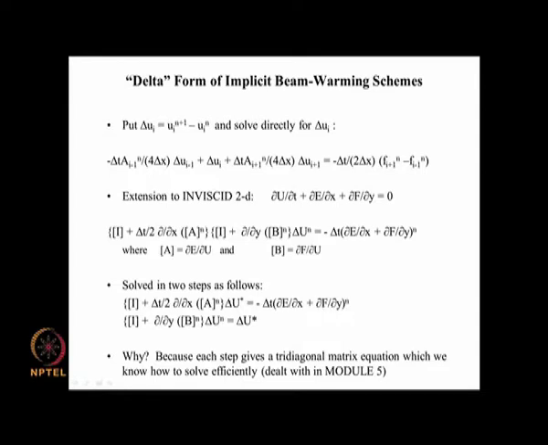Once this is done we get Δu*. Then in the next equation, Δu* is known, and you have I plus ∂/∂y of B Δu, which gives another tridiagonal matrix, this time involving j-1, j and j+1.